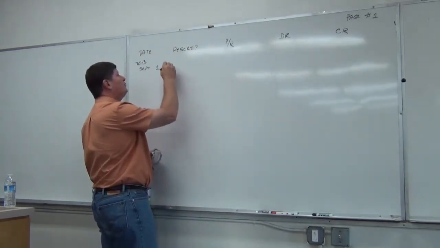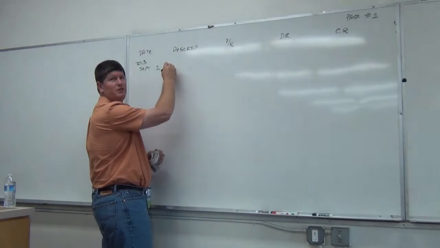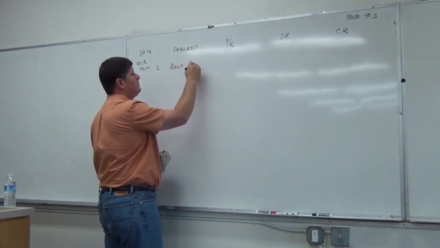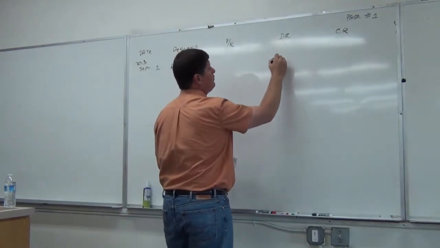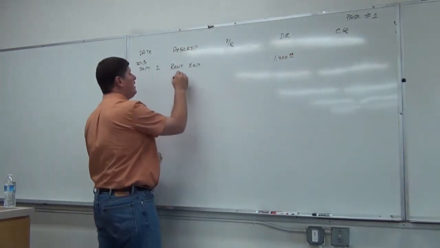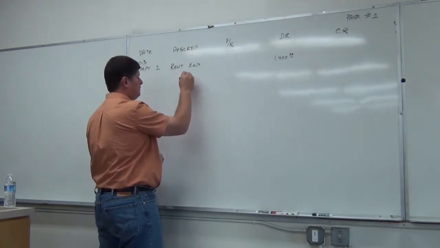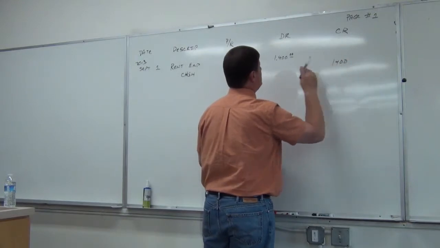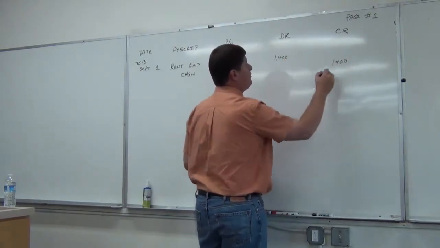Sorry, you're right. The debit is always first. Rent expense, debit, $1,400. Cash is the credit. Credit, $1,400. I'm just going to drop the zeros. There we go.